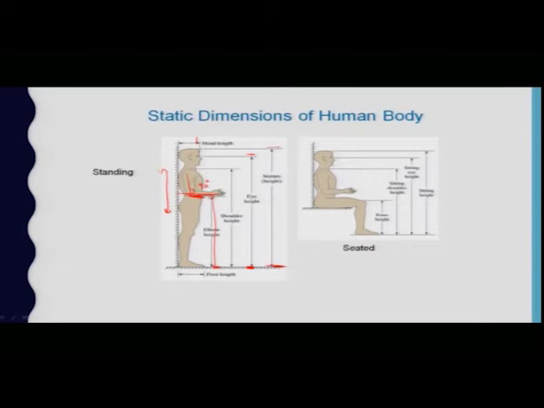This is the 90 degree. In this way the possible anthropometric variable dimensions are measured.